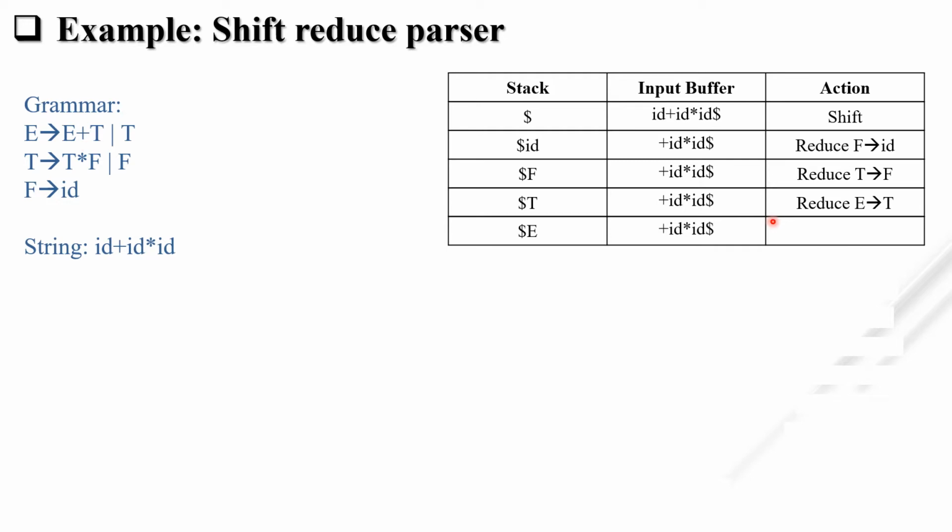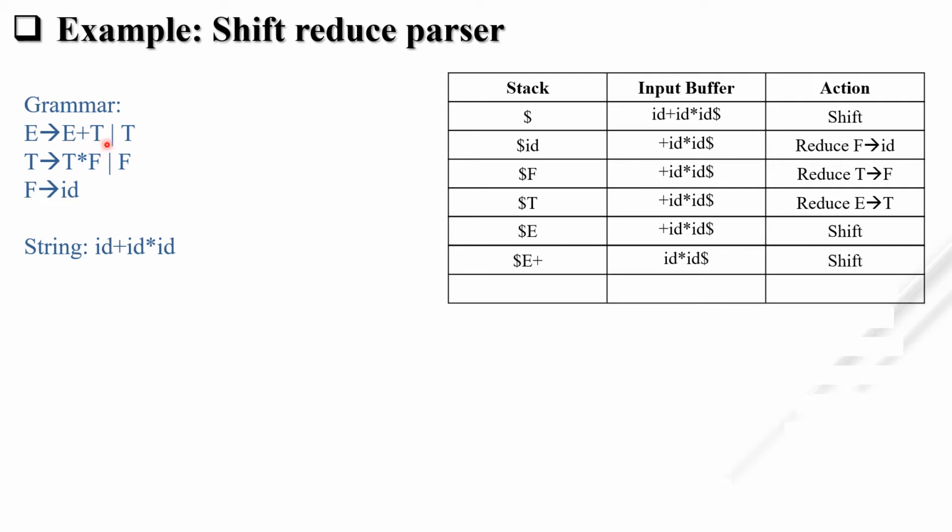So next the shift operation will be performed. Is E plus a handle or not in the grammar? No, E plus T will be there. So next we have to shift. So there is E plus ID. This ID will be replaced first with F. So here is a handle.